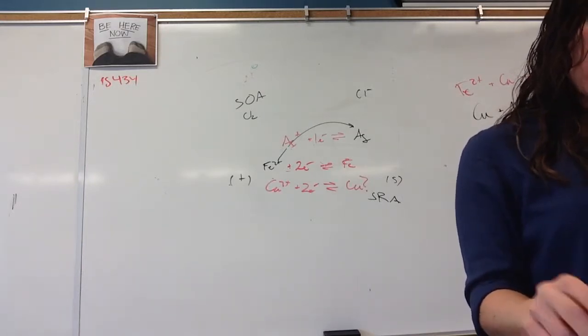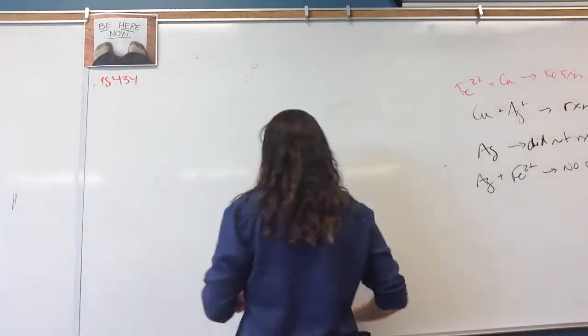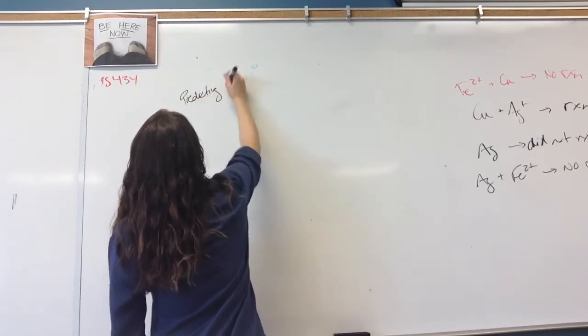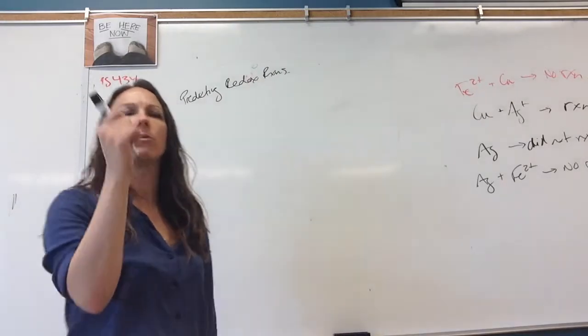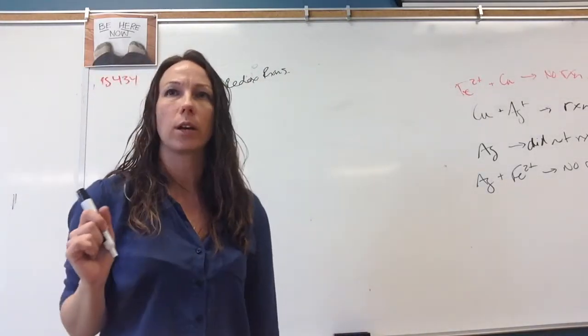After that, we did predicting redox reactions. Okay, so next little subtitle, predicting redox reactions. By the way, just because I'm thinking about it, how do you tell if it's a redox reaction or not? Because that's often a question, and Connor asked me this morning about that.